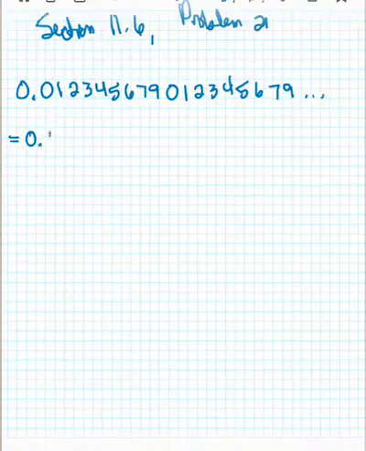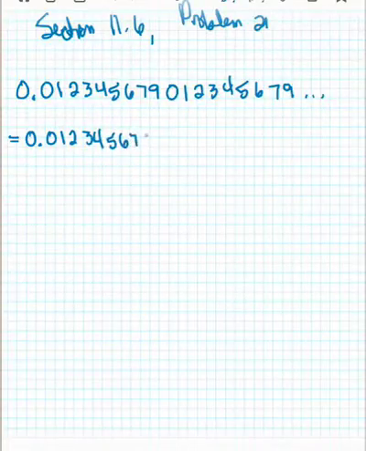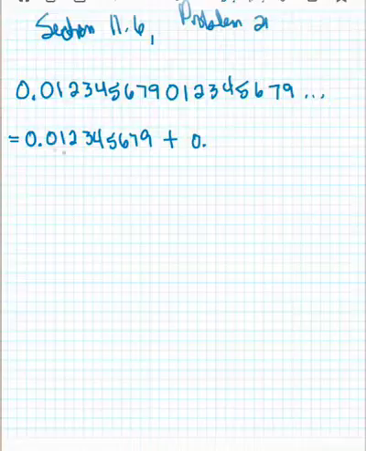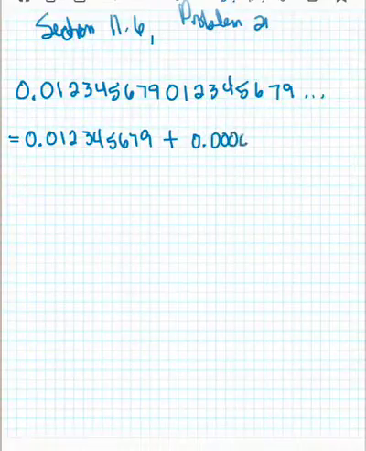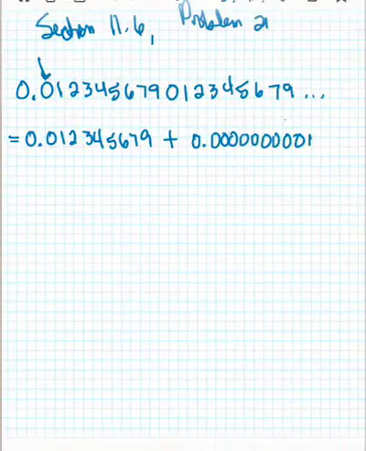It's going to equal the first part of this series right over here, plus 0 decimal, and now how many digits are there? There are 9 digits here, 1, 2, 3, 4, 5, 6, 7, 8, 9, and then the sequence starts again, starting with a 0 right there.